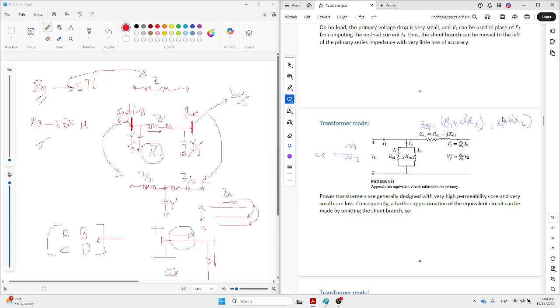Don't forget here you need the power, and here is a plus. So this is the approximate model.